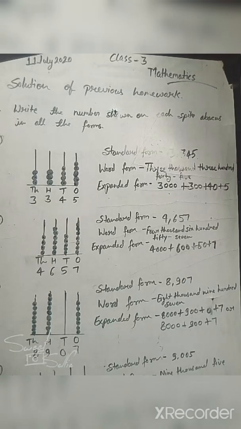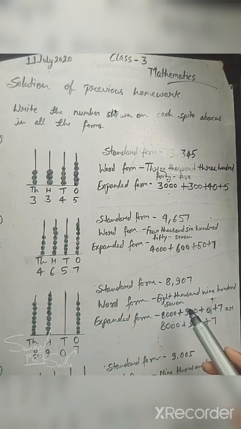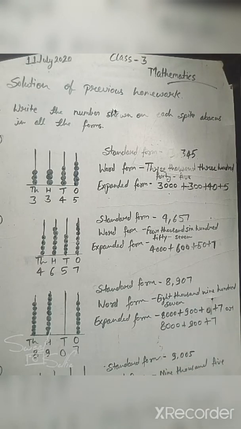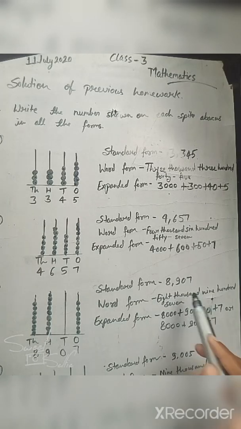At 100 place 9 beads, and at 1000 place 8 beads. So in standard form we will write 8907, and in word form 8907. There is no need to write 0 tens.